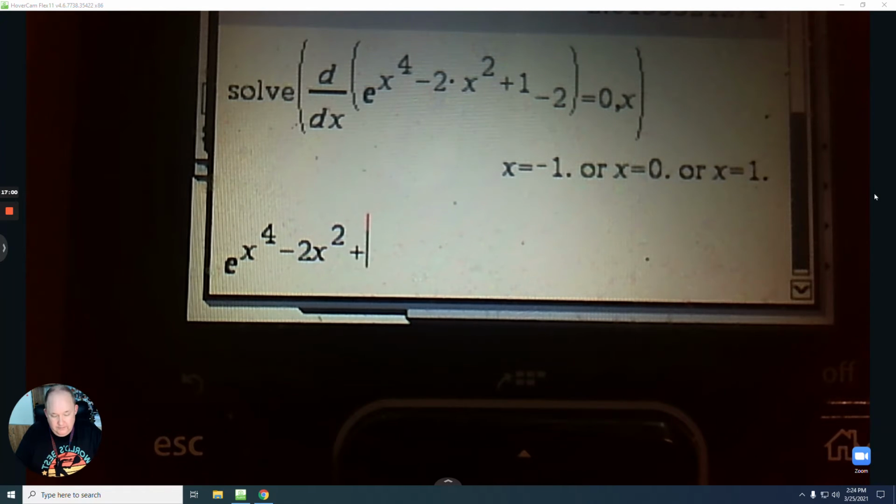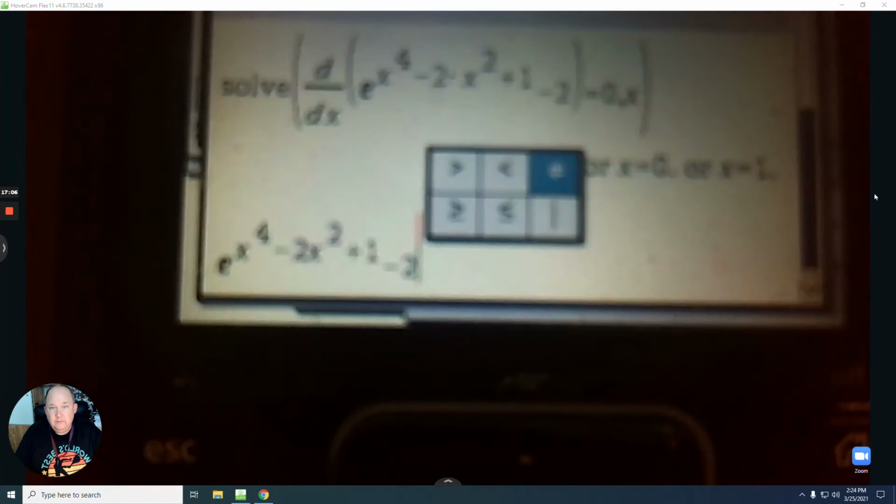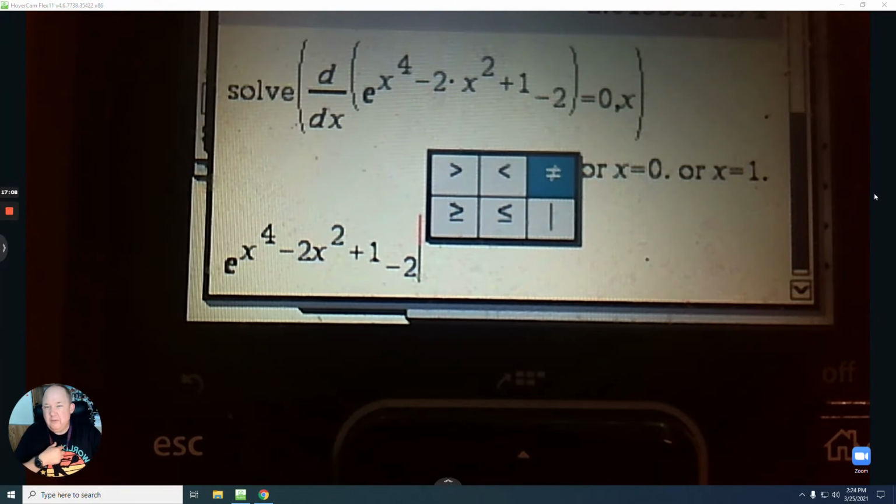Plus 1, and then move the cursor down, subtract 2. And then we're going to evaluate it. Oh, we need to evaluate the derivative.